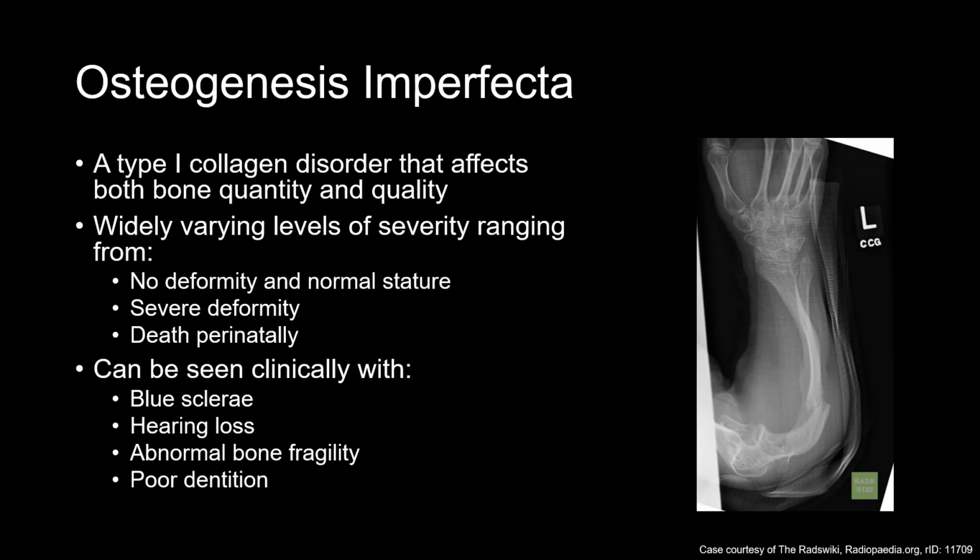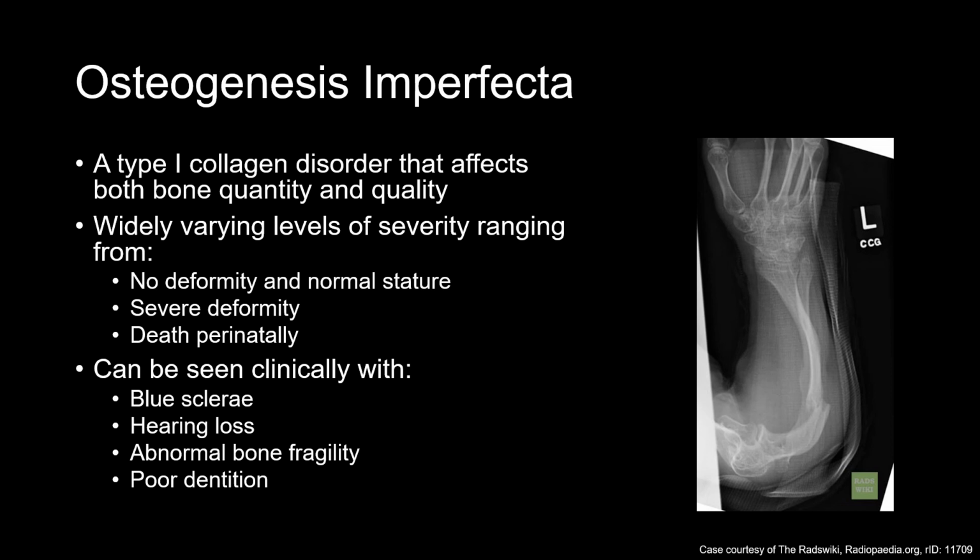So now we're going to look at some multi-region or systemic anomalies, actually, we'll just be talking about dysplasias. First being osteogenesis imperfecta. Osteogenesis imperfecta is a type 1 collagen condition that leads to weakening of the bone, which can be mild to severe.